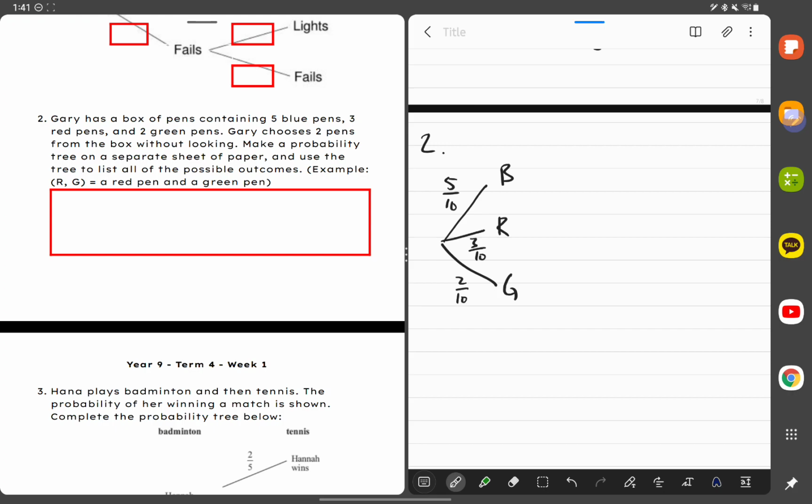Cool. Now, second pen, we also have 3 possibilities. Blue, red, green, and we also have blue, red, green. Okay, I've drawn this poorly, haven't I?